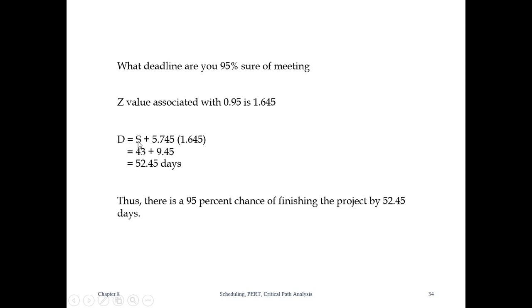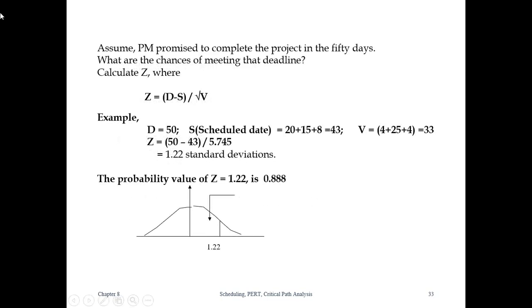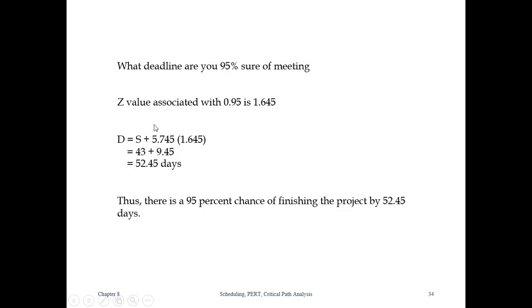So we have to do the reverse process, as we calculated the z-score using the equation D minus S divided by root V, where D is the target date and S stands for the scheduled date. We are supposed to find the date of completion of the project, which is D. So D is calculated by the equation: the scheduled date plus 5.745 into 1.645.